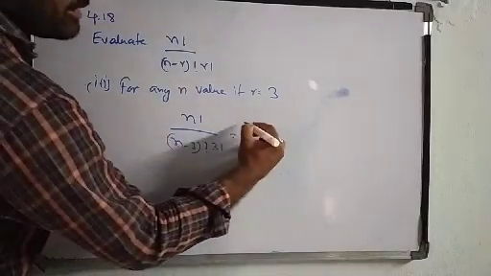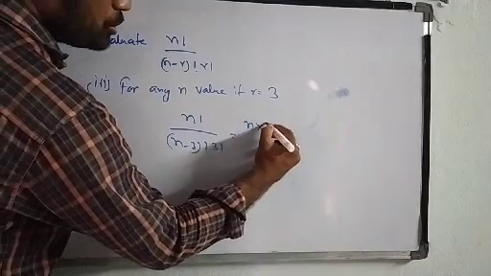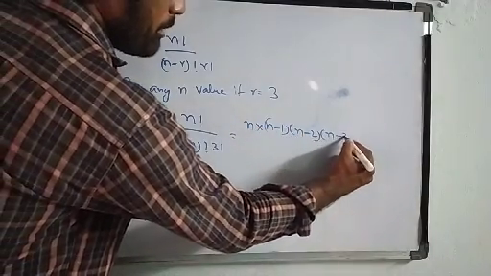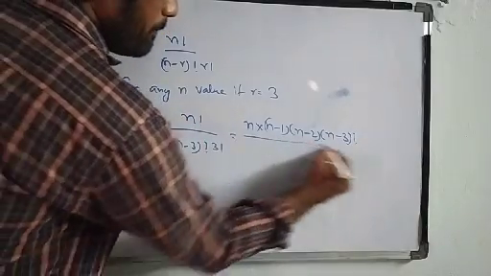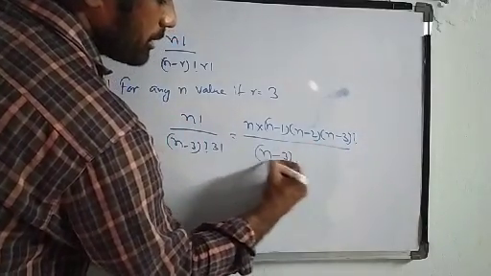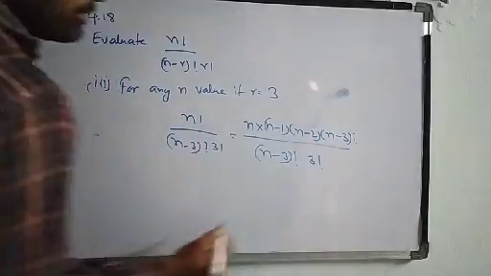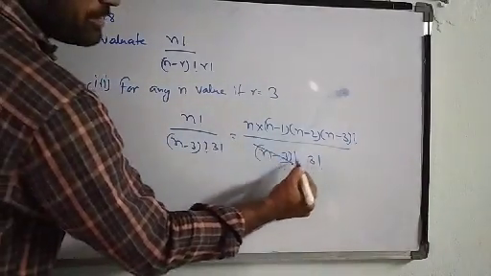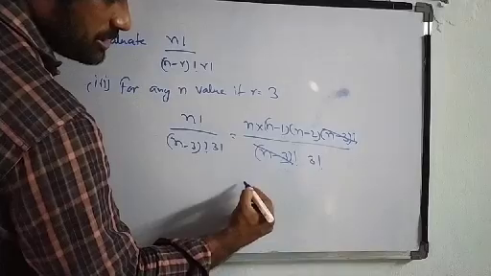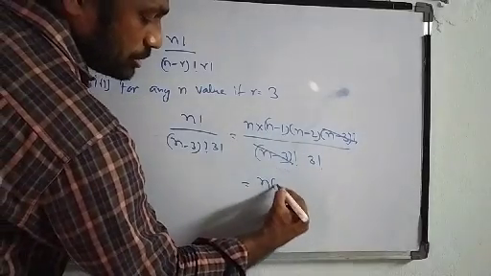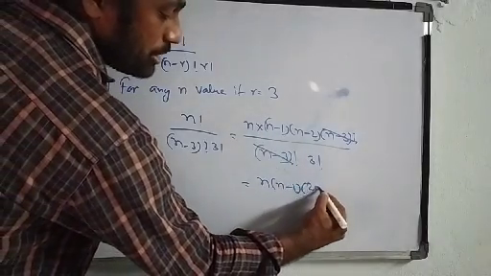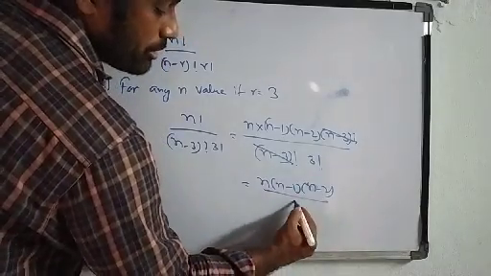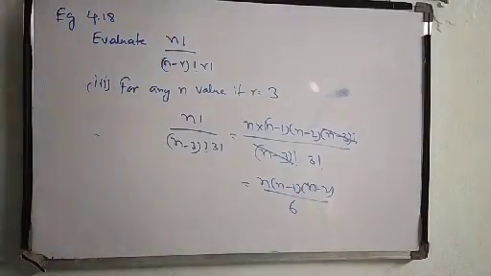That is, n factorial can be written as n into n minus 1 into n minus 2 into n minus 3 factorial by n minus 3 factorial into 3 factorial. Since it is there up to n minus 3, I have stopped here at n minus 3. n minus 3 factorial gets cancelled. So the answer is n into n minus 1 into n minus 2 by 3 into 2, which is 6.